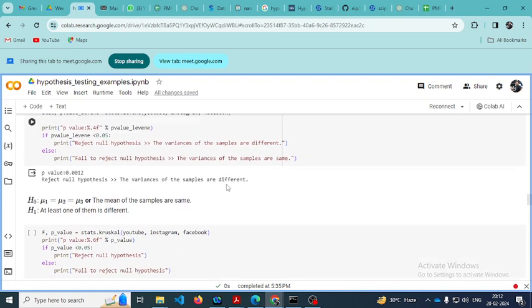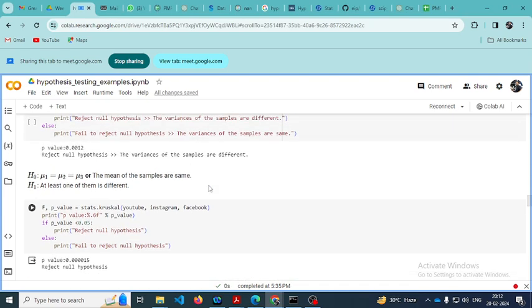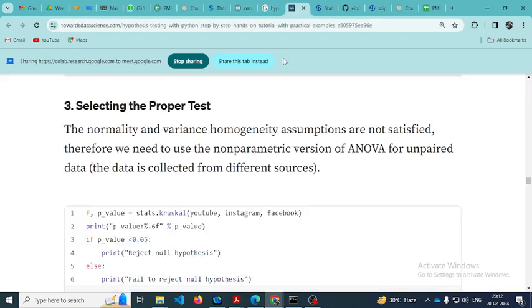So whenever you have such scenarios where the variances of the samples are different, you need to select the proper test. The assumptions of normality and homogeneity of variance are not satisfied; the normality is different for the first platform.